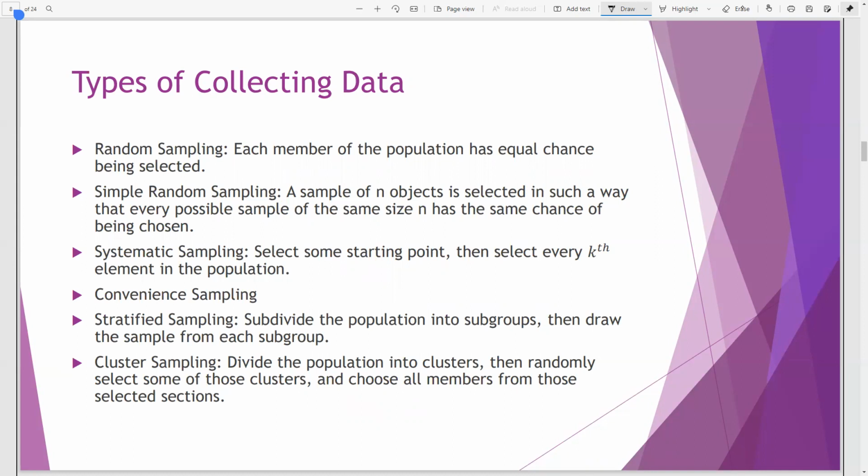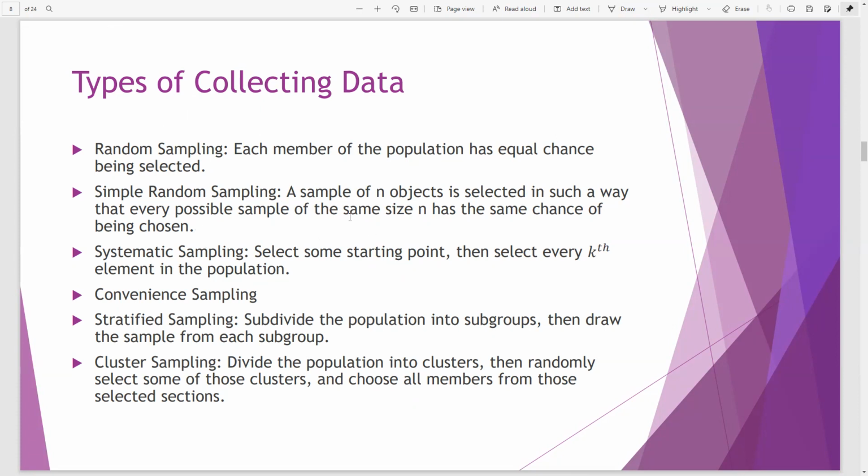The different ways of collecting data include random sampling, where each member of the population has an equal chance of being selected. Simple random sampling, the most widely used, is where a sample of n objects is selected in such a way that every possible sample of size n has the same chance of being chosen.